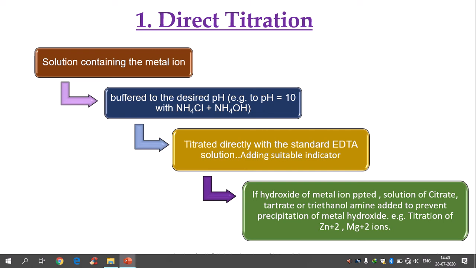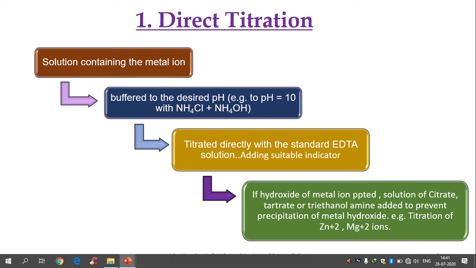Now here, if the metal is precipitated in its hydroxide form, then it is to be prevented, so that we get the total concentration of the metal in its complex formation. So what we do is we add a solution of citrate, tartrate or triethylamine so that the metal does not precipitate in its hydroxide form.